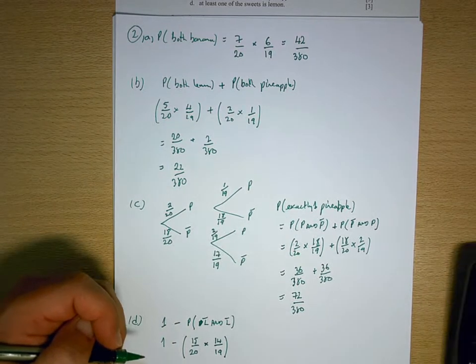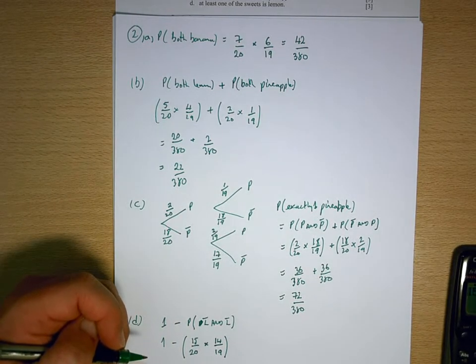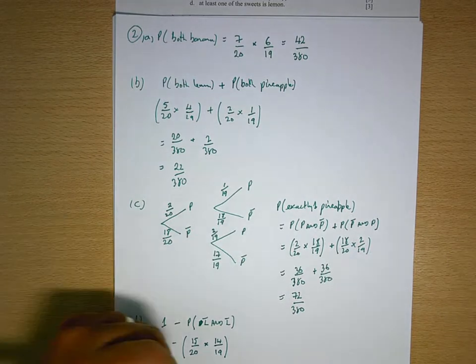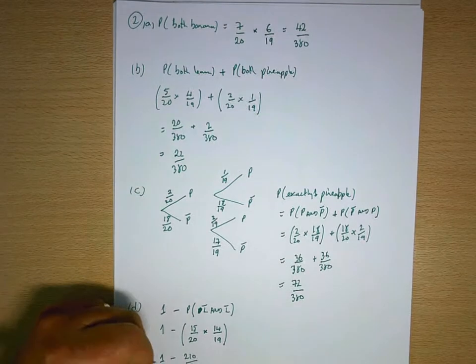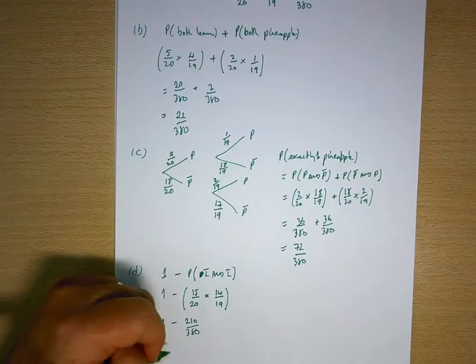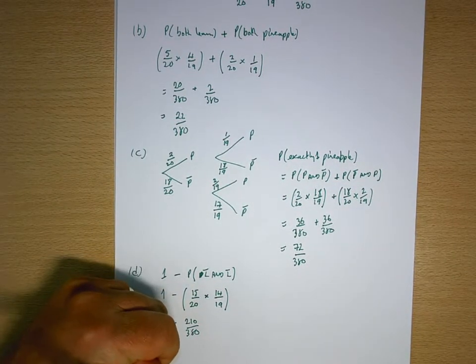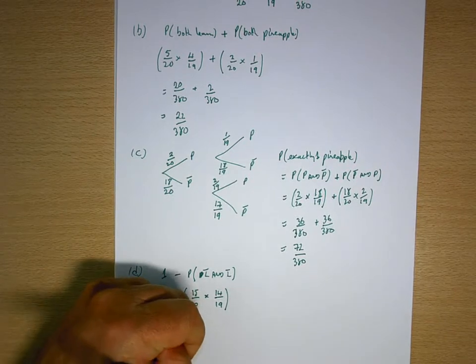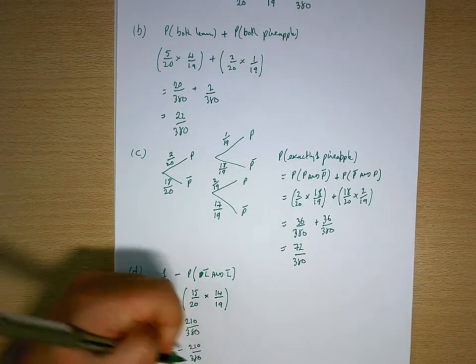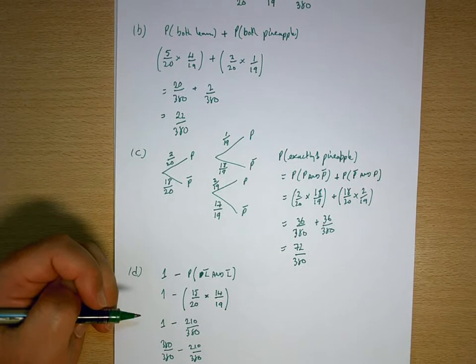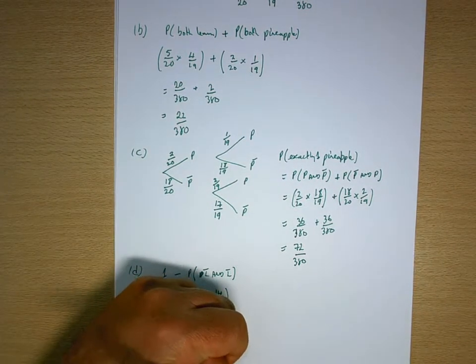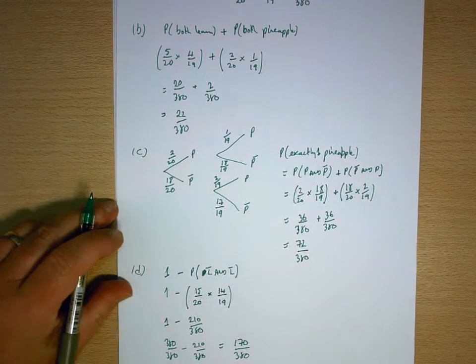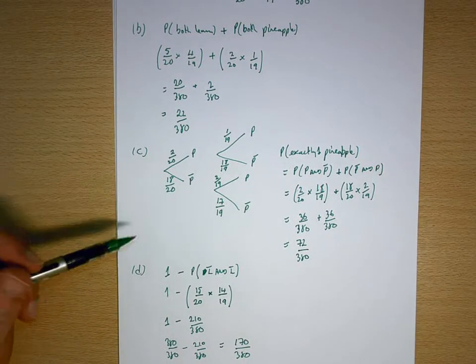So that is 15 lots of 14, 210 out of 380. Well, a whole is 380 out of 380. So that gives us 170 out of 380.